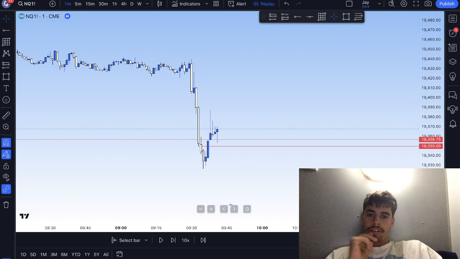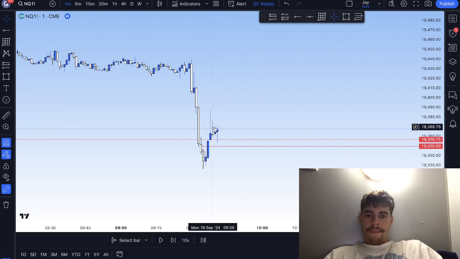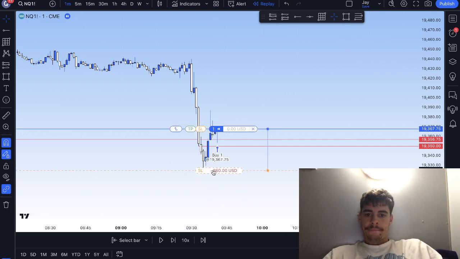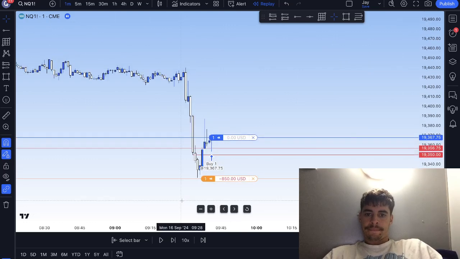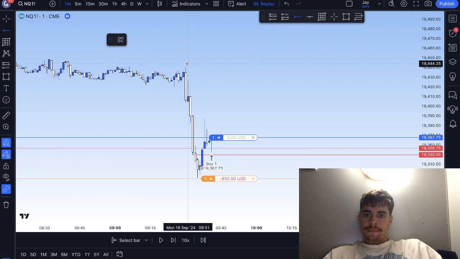Touch into that fair value gap, close out bullish. Obvious TP1.